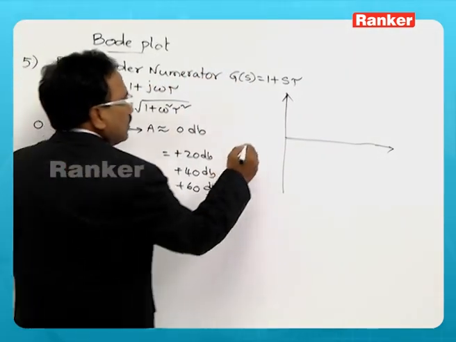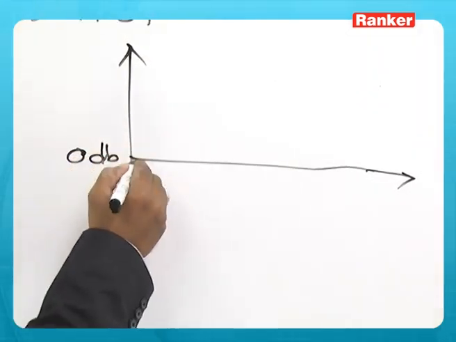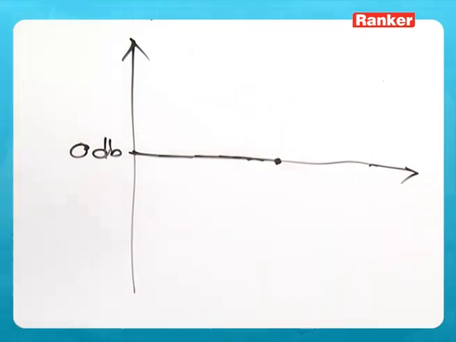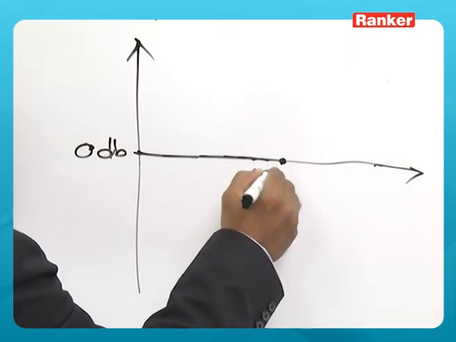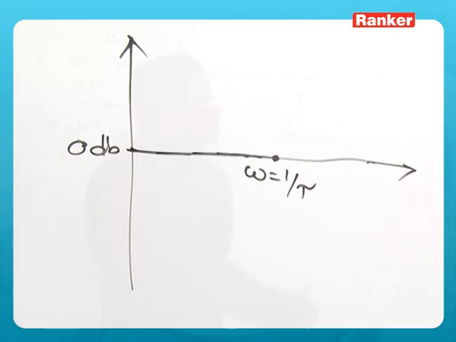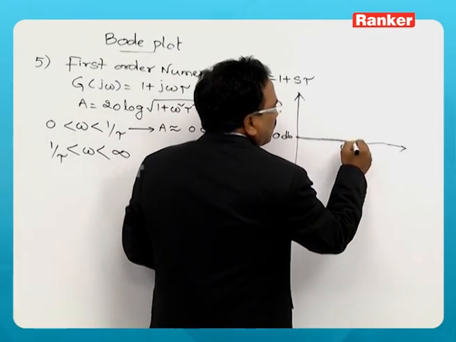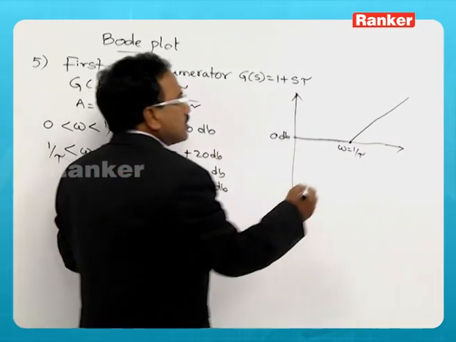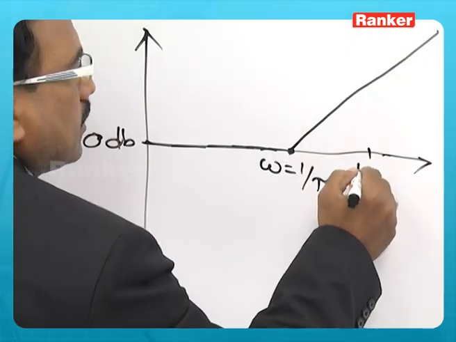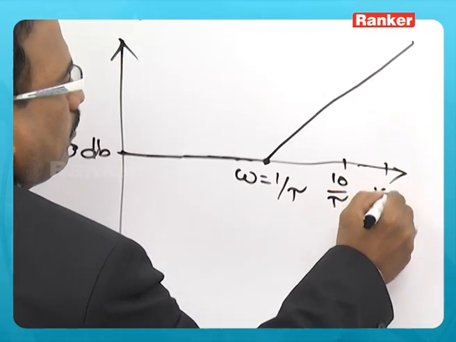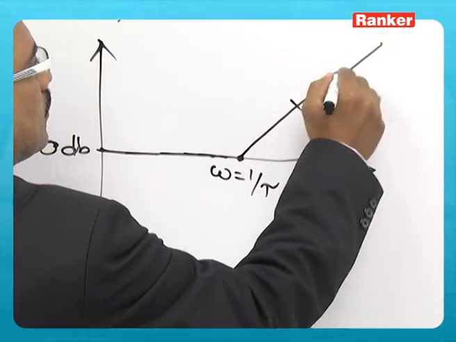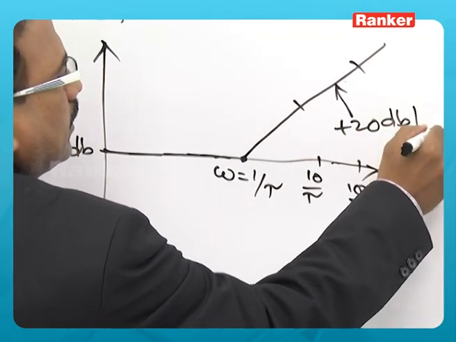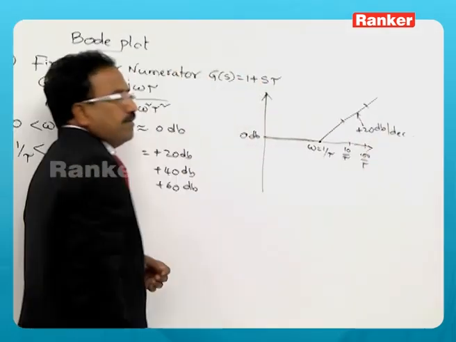It starts from 0 dB, so at low frequency it is a 0 dB line up to omega equal to 1 by tau, and at this point it starts increasing with a slope of plus 20, that is 10 by tau, 100 by tau, and so on. So this line has plus 20 dB per decade.